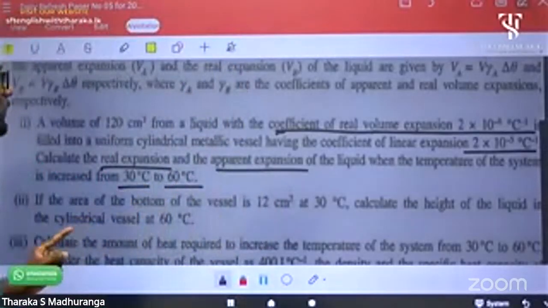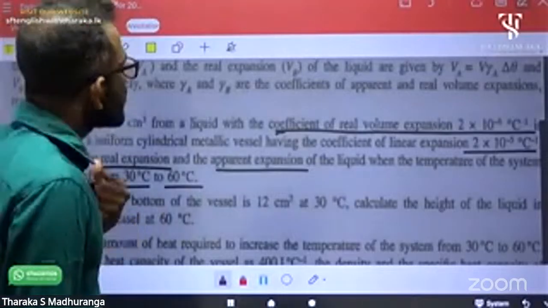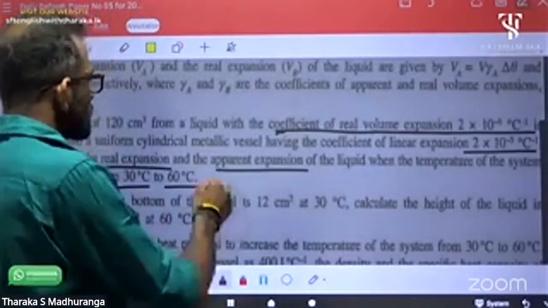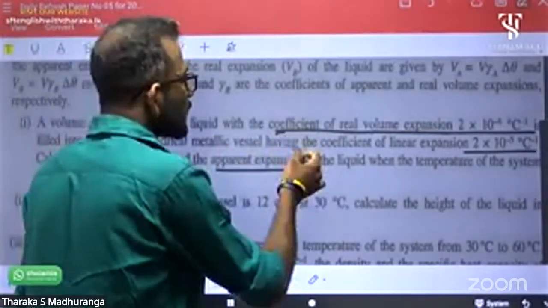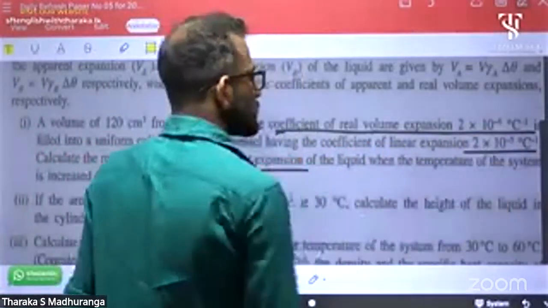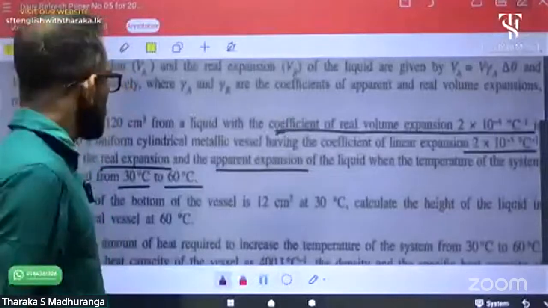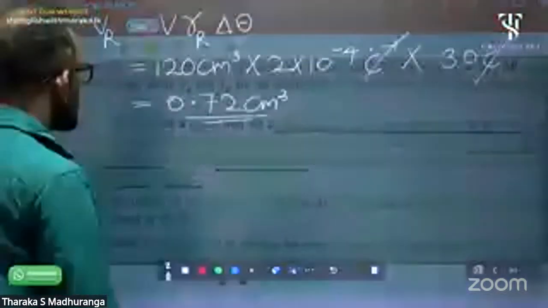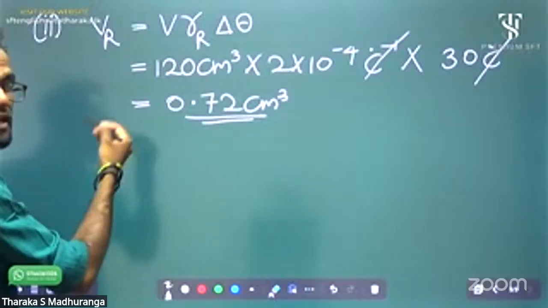But you can calculate the container expansion. The metallic vessel has the coefficient of linear expansion given. Now you can calculate the container volume expansion.